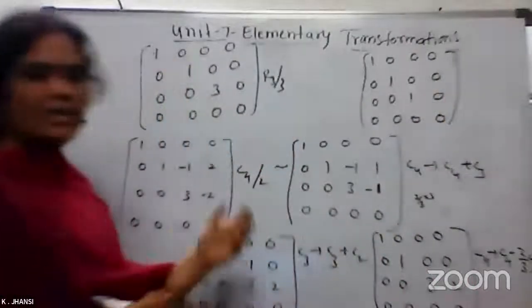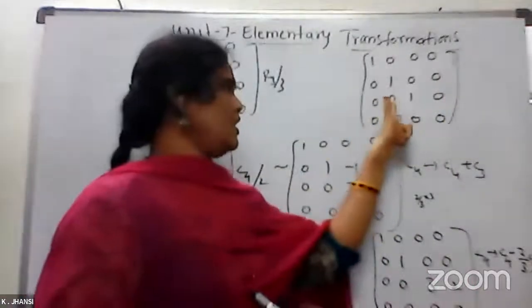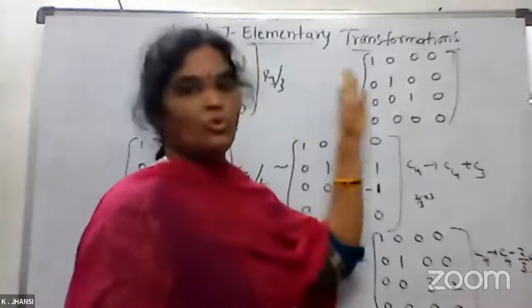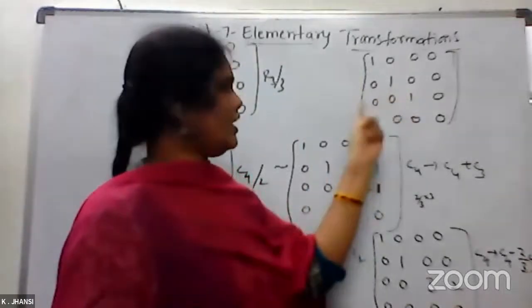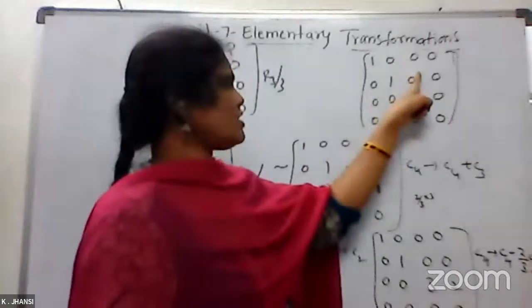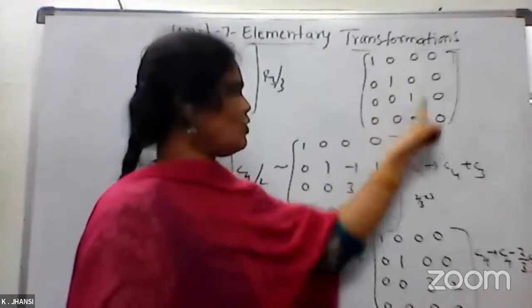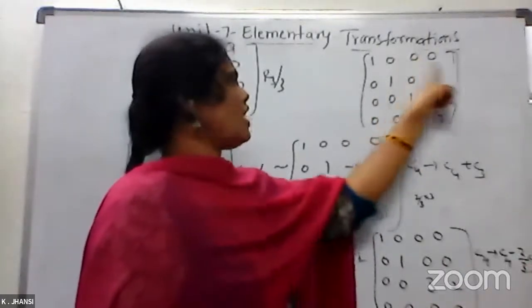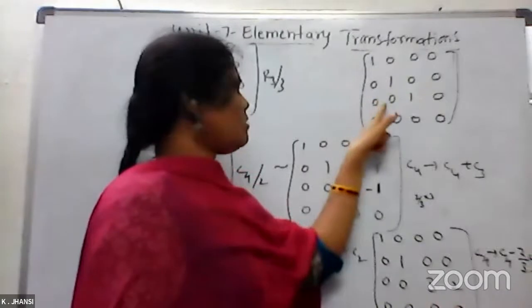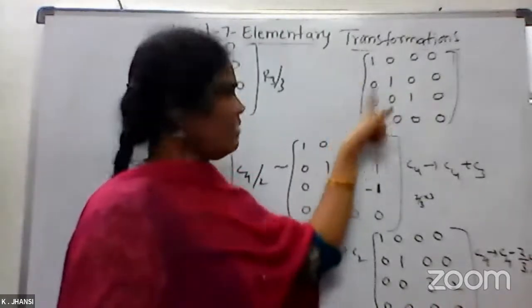We got I3. See, here we can't convert it into I2, that is a 2 by 2 identity matrix. We can't do the subtraction here to make it 0; the element 1 is not there here. Even in the column you do not have the same element as 1.